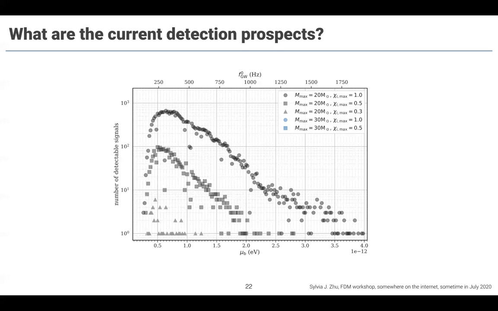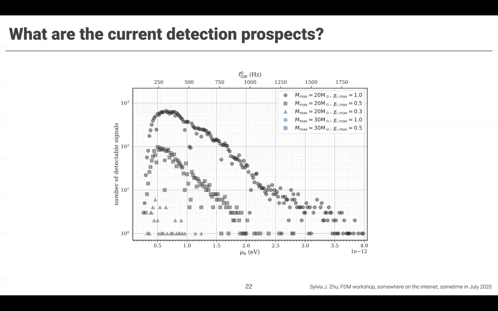Then if you drop that down even further, so if you look at the gray triangles here, the maximum spin is only about 0.3, and so black holes are born very slowly spinning on average, then you would only expect to see a handful of signals, maybe in a small range of boson masses, and it becomes very difficult to say anything about most of the boson mass range.